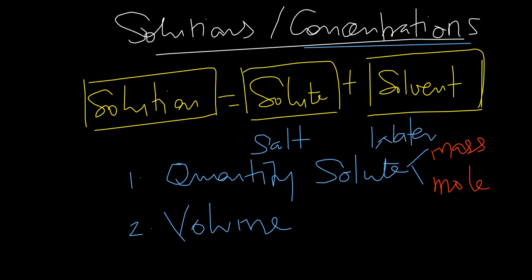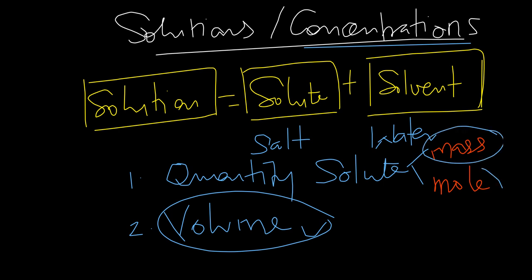So the point is this: solution concentration depends on two main things, volume and quantity. The quantity can either be mole or mass. And in calculating for the concentrations of solutions, usually these are the things we look out for: the volume and the quantity. And the quantity can either be mass or mole. So we'll be looking at these three parameters and how we can use them to calculate the concentration of solutions.